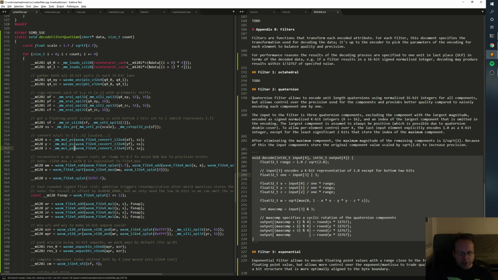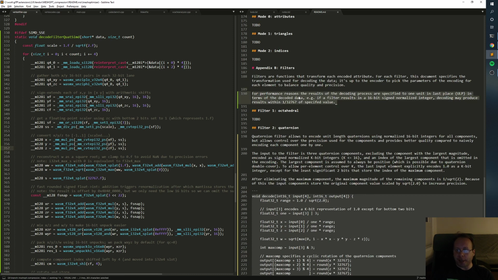I'm using divisions here. Technically, you can multiply by an inverse, but you have to compute this. This is kind of where, so I wrote this line in the very beginning where I said, hey, maybe it makes sense to specify the behavior up to 1 unit in the last place of the resulting value.